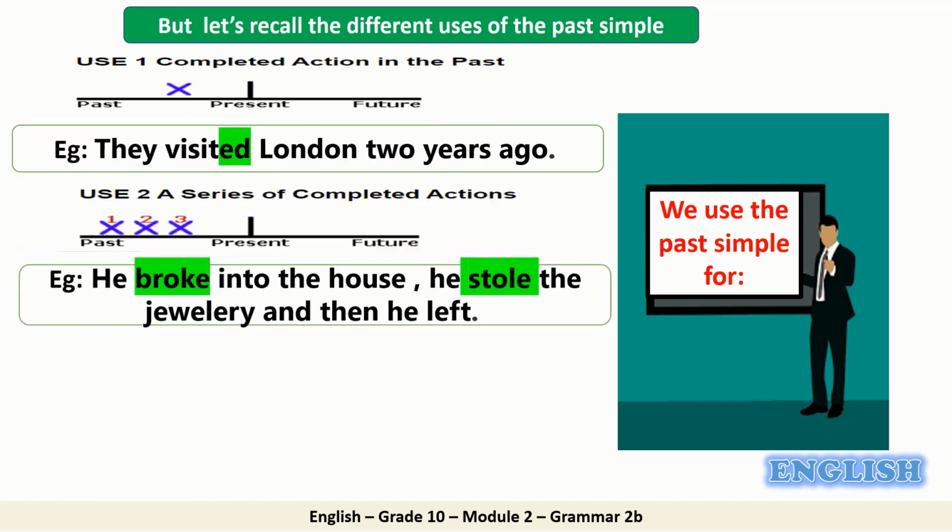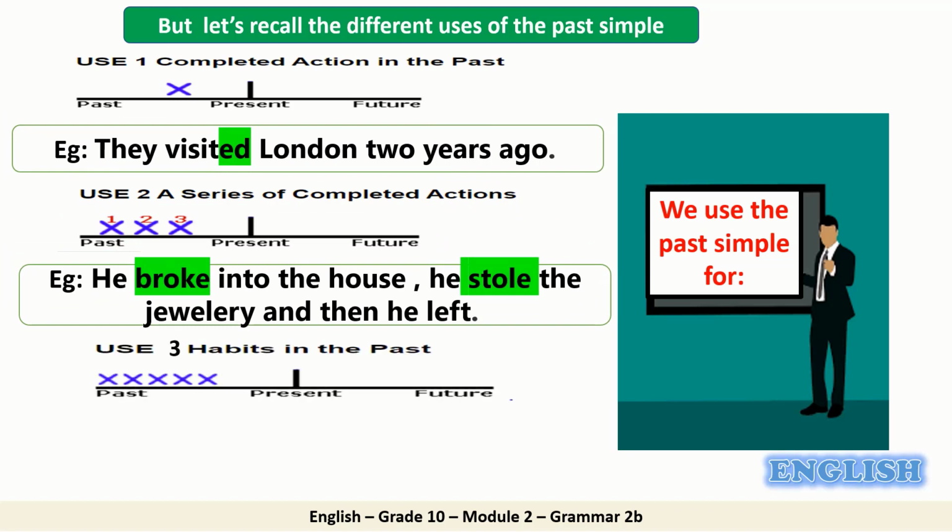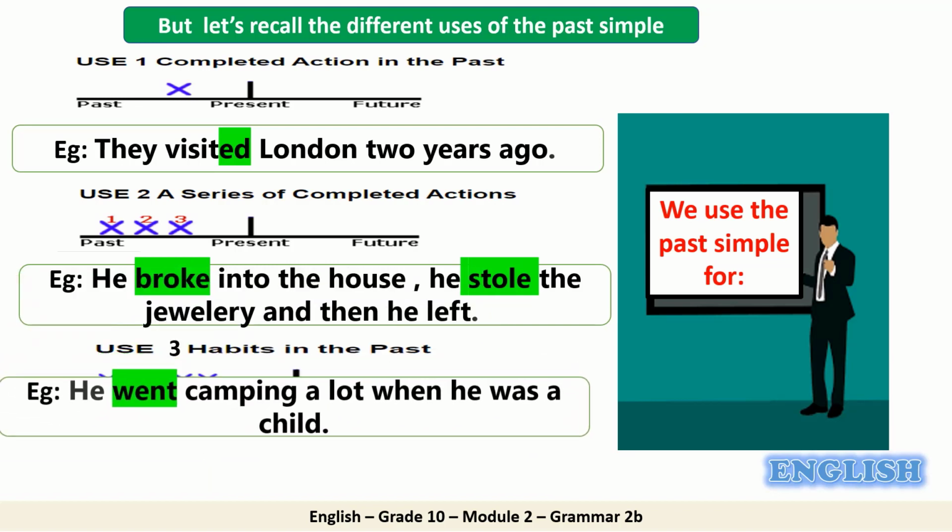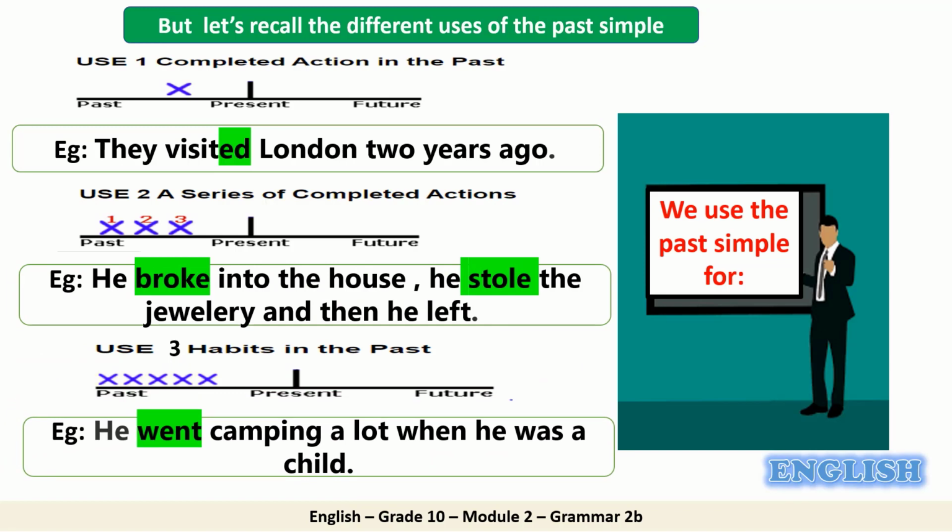Example, he broke into the house, he stole the jewelry, and then he left. The last use is habits in the past. Example, he went camping a lot when he was a child.